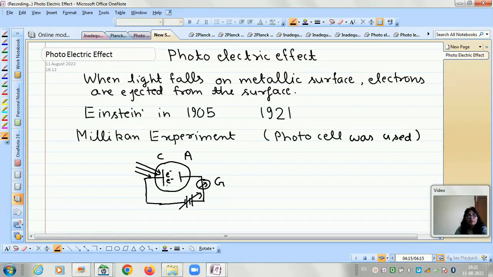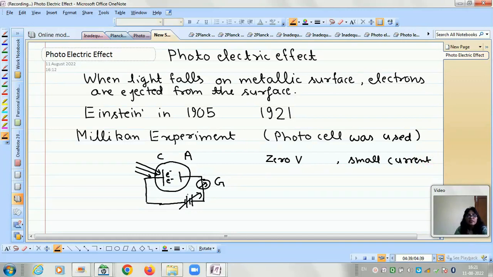There may be some kinetic energy with these electrons, and because of that kinetic energy few electrons may reach the anode. So even if we apply zero voltage, we can have some small amount of current.